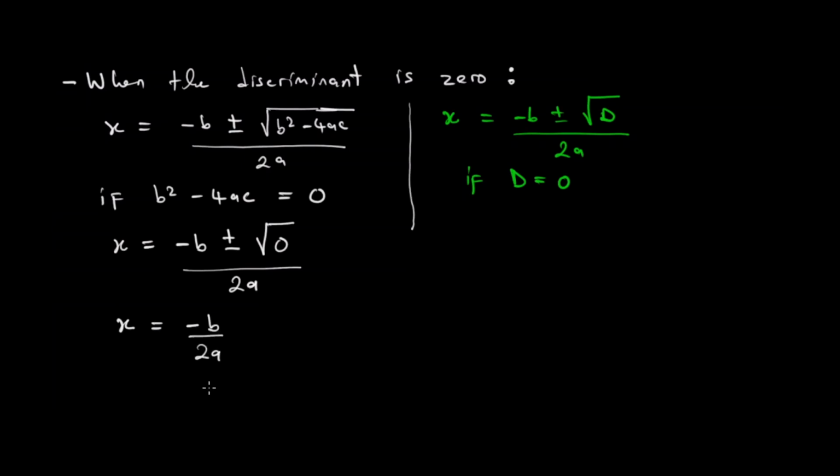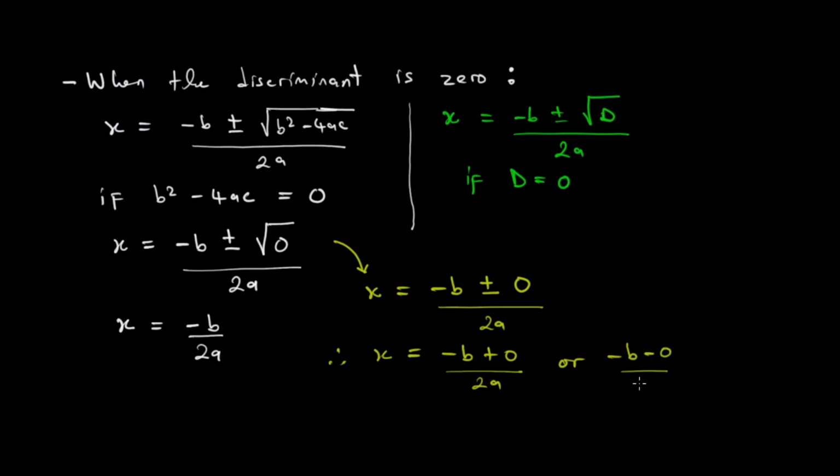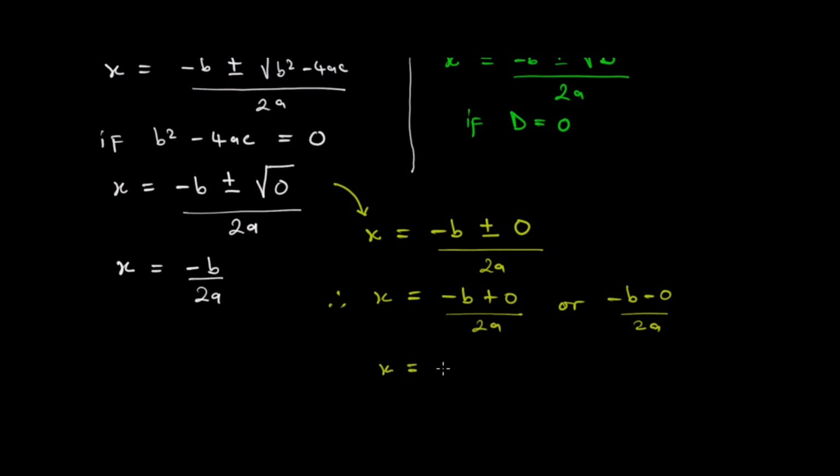For the full working: x is equal to minus b plus or minus the square root of 0 over 2a. Therefore x is equal to minus b plus 0 over 2a or minus b minus 0 over 2a. Evaluating this, x is equal to minus b over 2a or minus b over 2a.